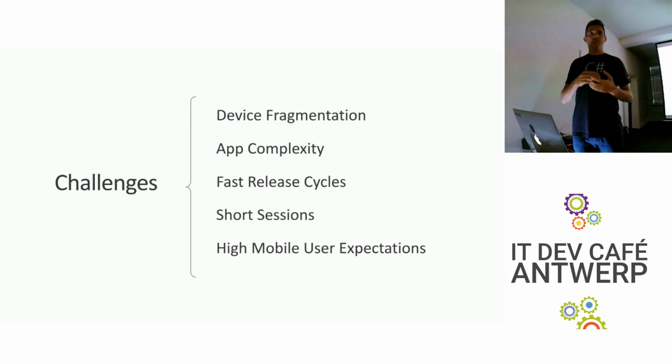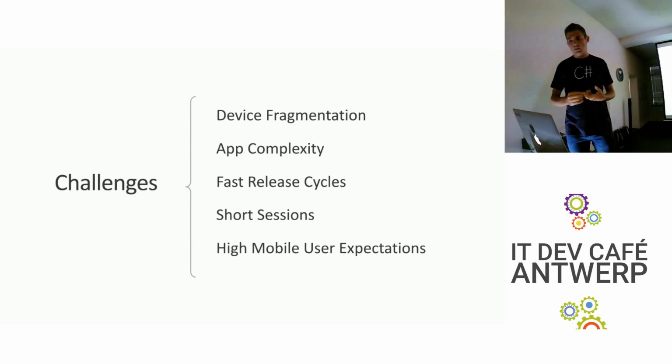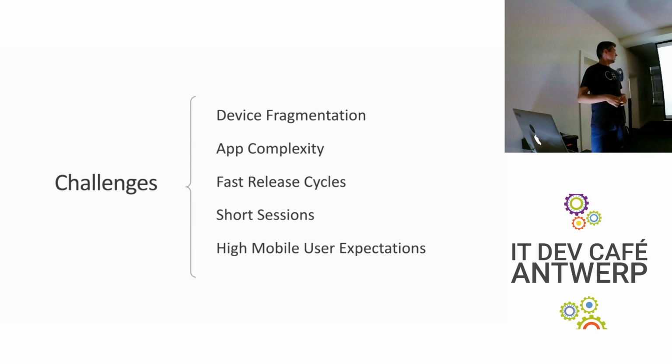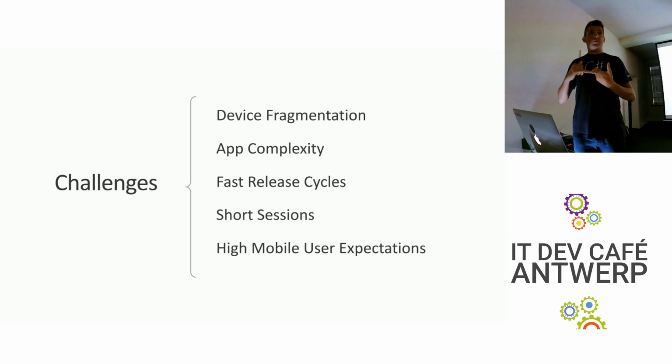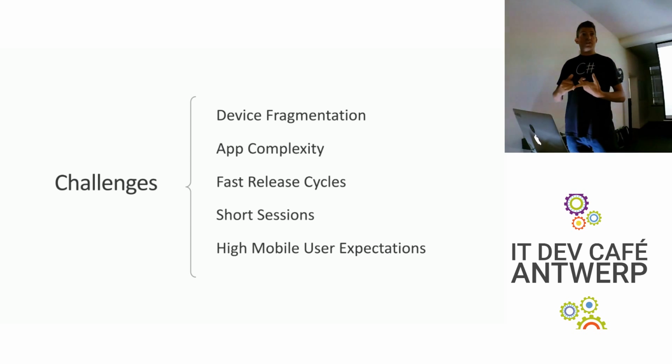If you ever put out an app in production, it's impossible to test all the configurations. You can test a few devices, you can test a few OS versions, but it's impossible to test the app on all different possible combinations. The idea is that once you have an app, you release on a frequent cycle, because people expect bug fixes, they expect new features, and you can't test it all.